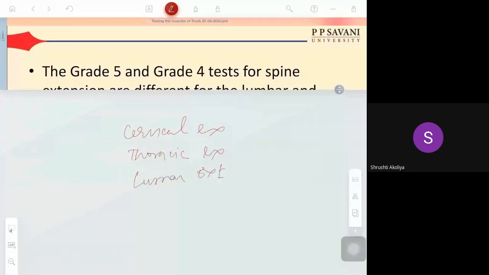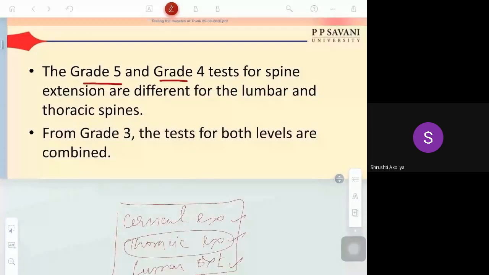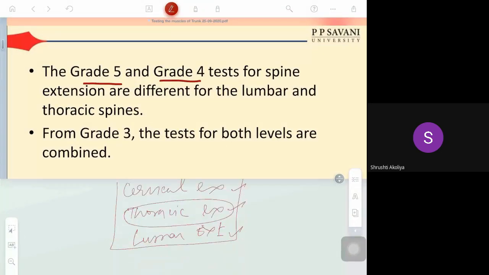Clear? I am talking about the range of motion. For the thoracic extension, see, the grade 5 and grade 4 tests for spine extension are different for the lumbar spine and thoracic spine.